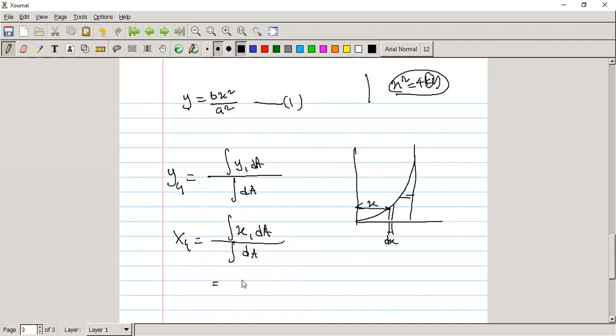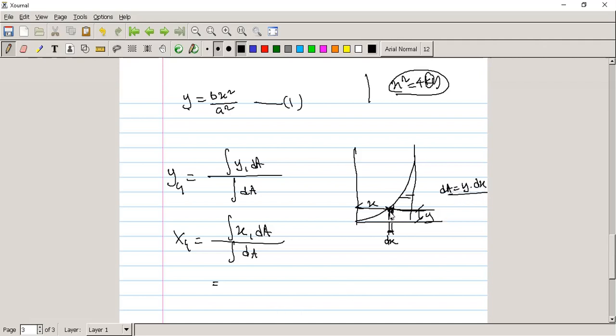Integration of x1 into dA is nothing but, this is your dx, and this is considered as y. So dA is nothing but y into dx.